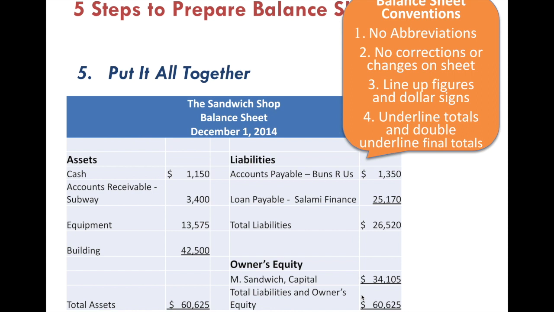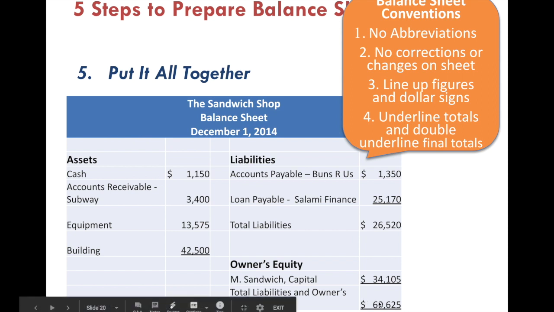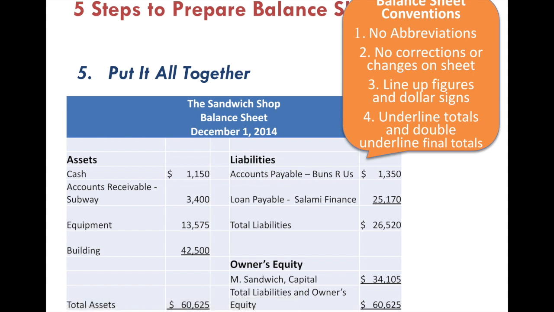And now we wait for the rectangle to disappear. You see that total liabilities and owner's equity equals total assets. So you see they're equal, and that's how you know it's balanced.